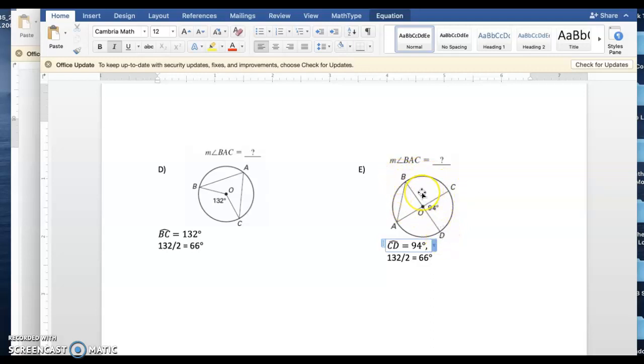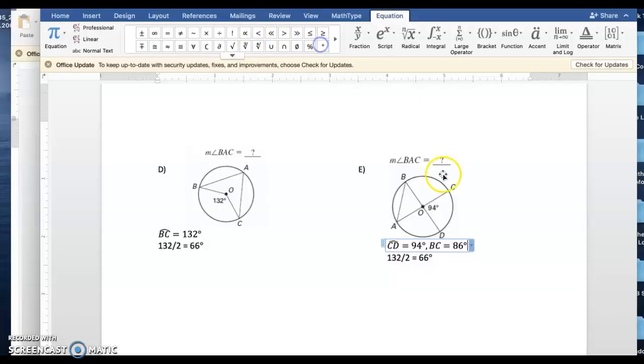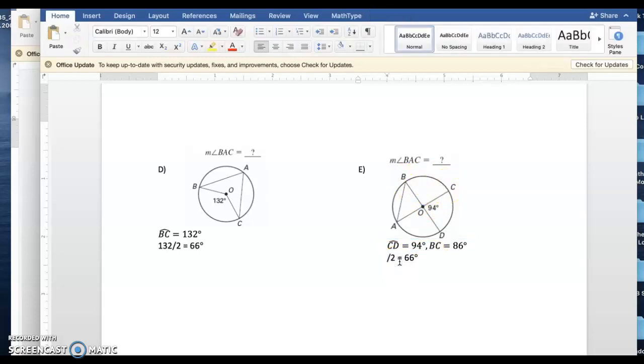So 180 minus 94 degrees is going to tell us then that arc BC is equal to 86 degrees. Now we know what the intercepted arc value is, so I'm able to figure out BAC is half of the intercepted arc of BC. So it's going to be 86 divided by 2, and we're getting 43 degrees.